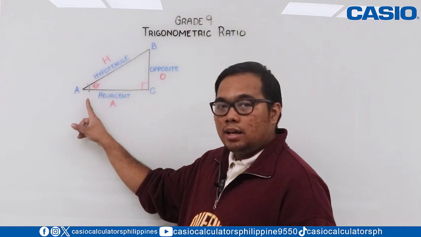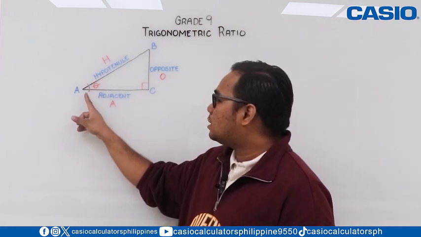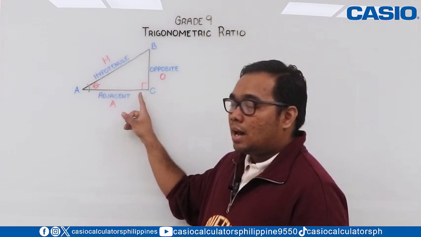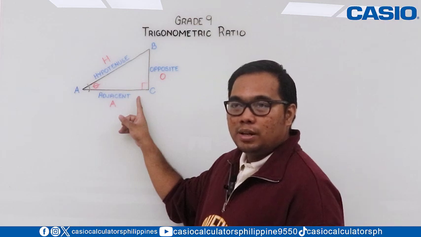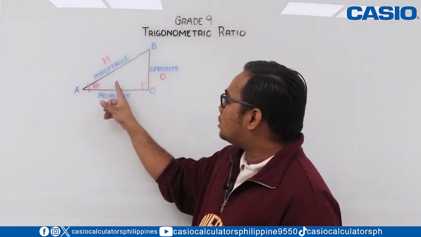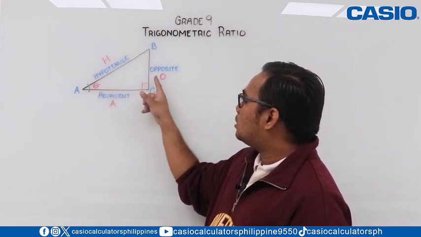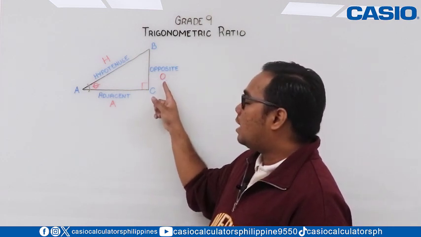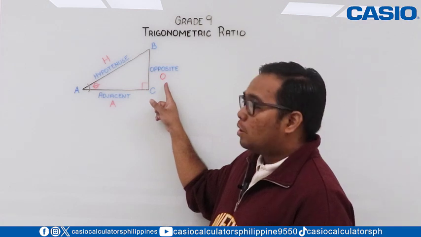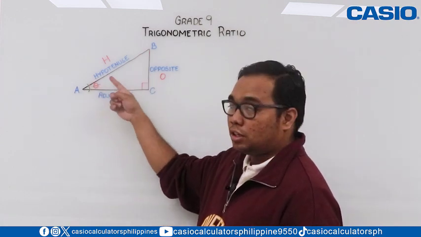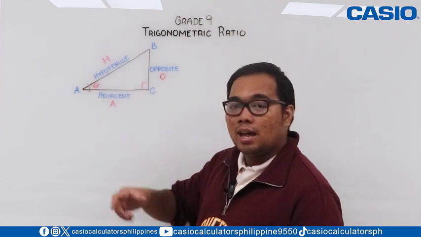From our angle A, the side which is adjacent to it, we will call the adjacent side, and we will name it side A. Now, the side opposite to the angle, which is side BC, let's name it the opposite side, side O. While the longest side of a right triangle is called the hypotenuse, and we will name it side H.